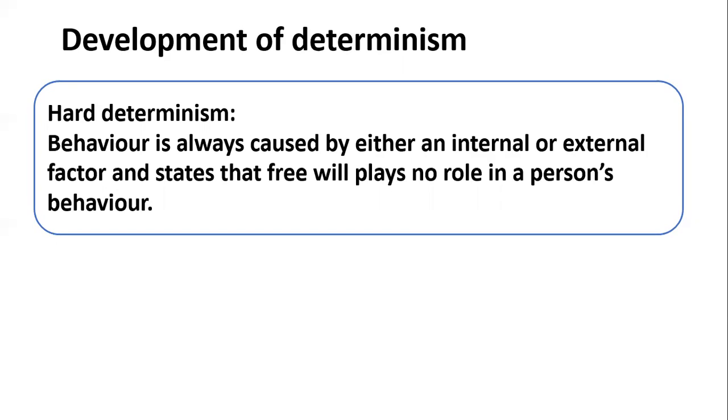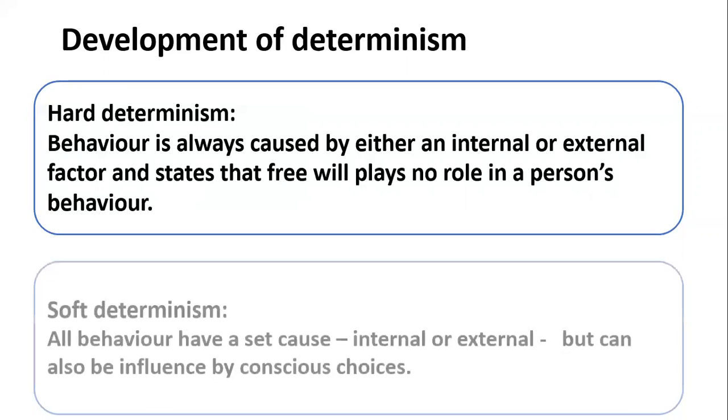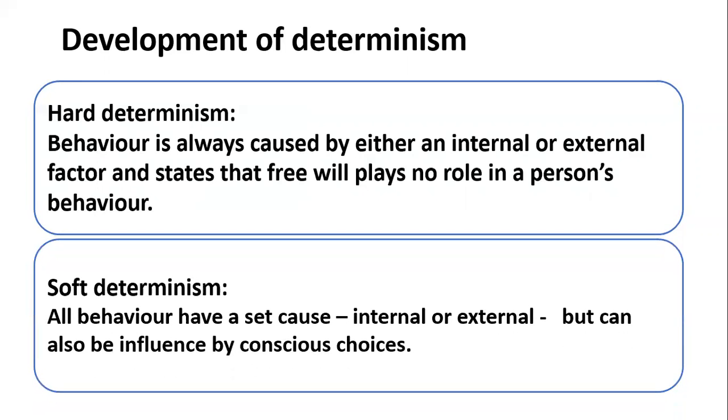A person has no choice in it. A person's ability to choose has no influence. It's either a biological factor, internal, or an environmental factor, external, that is the cause. Now, the next type of determinism is called soft determinism.